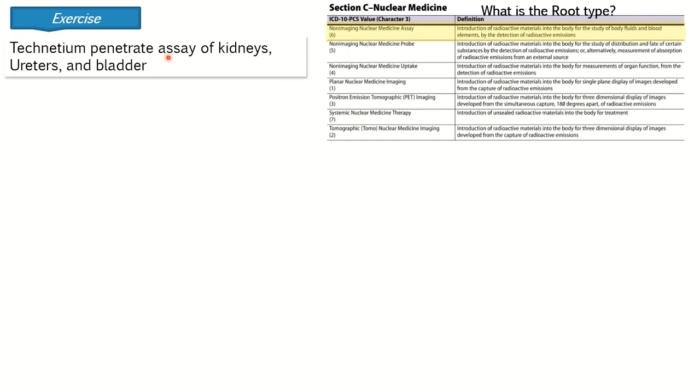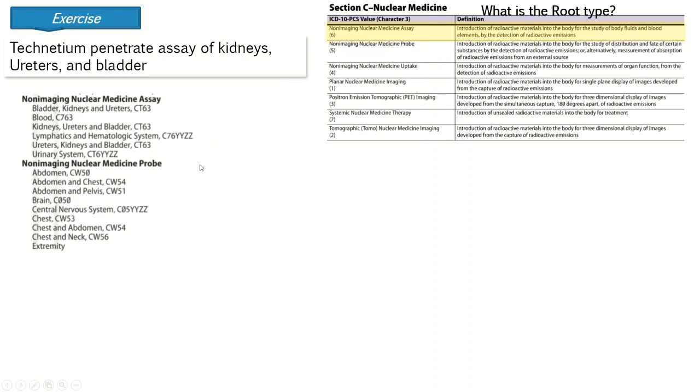All right, so we're going to look up non-imaging nuclear medicine assay. If we look up nuclear medicine, it'll direct us to non-imaging nuclear medicine assay of what? Of the kidneys, ureters, and bladder. It gives us default code CT63.